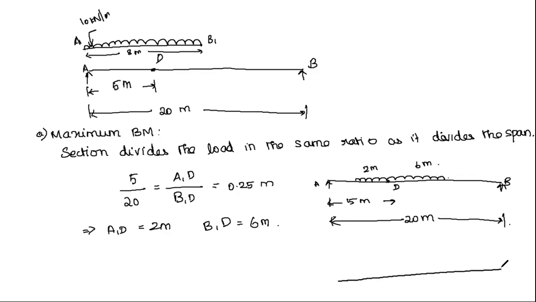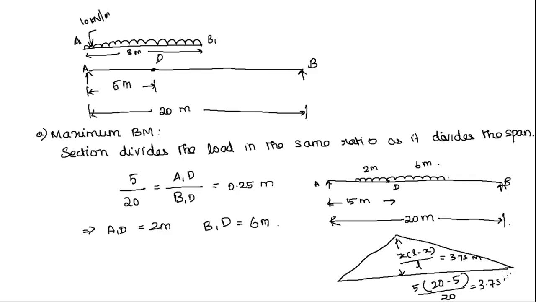So what will be the bending moment diagram? We will draw up to this section D, and we know that it is x into L minus x by L, which is equal to 3.75 meter. Here x is 5 meter. 5 into 20 minus 5 divided by 20 is equal to 3.75 meter.